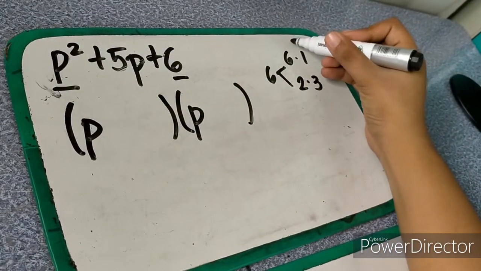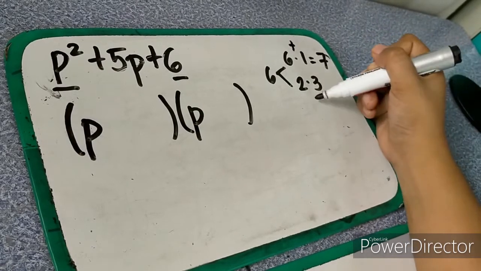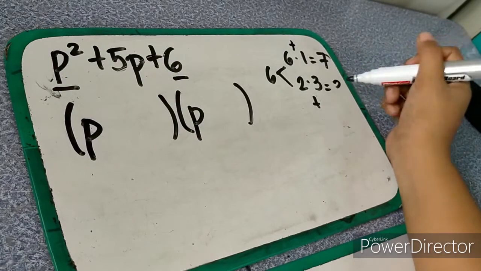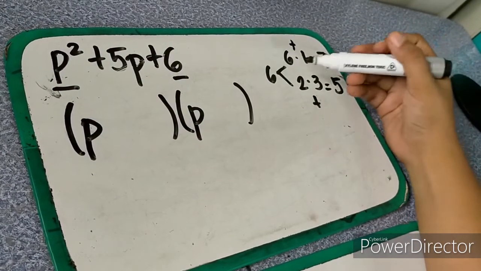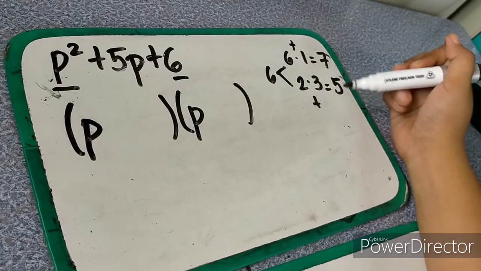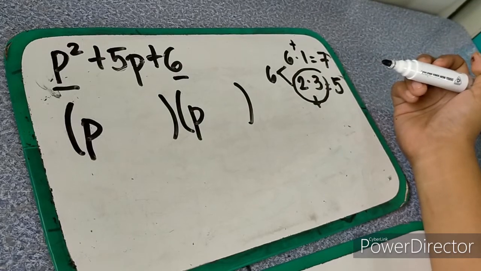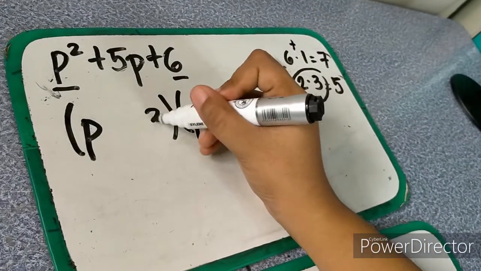Now, let's try. 6 plus 1, it is 7. 2 plus 3, it is equal to 5. Now, among this pair of factors, the factor of 6 that we will use is 2 and 3. Now, let's try 2 and 3.